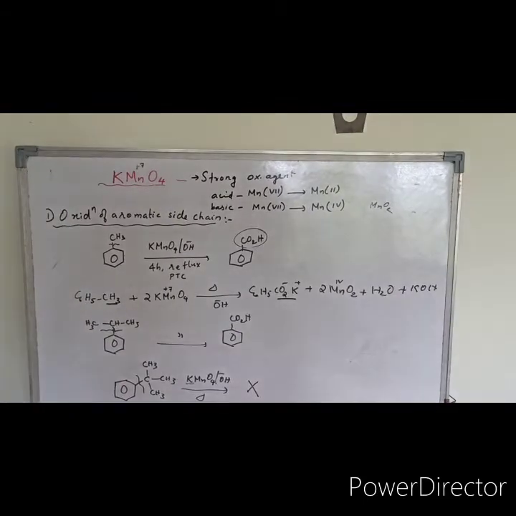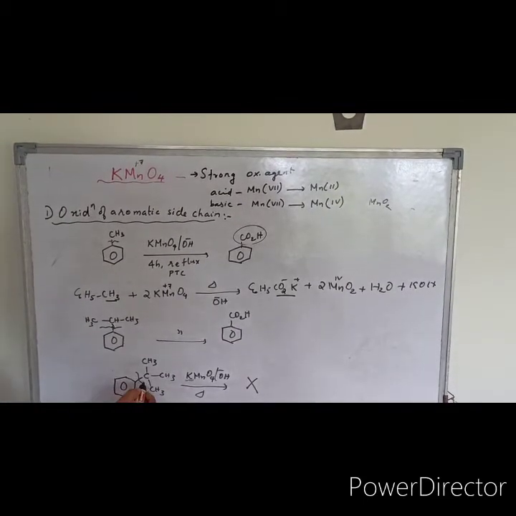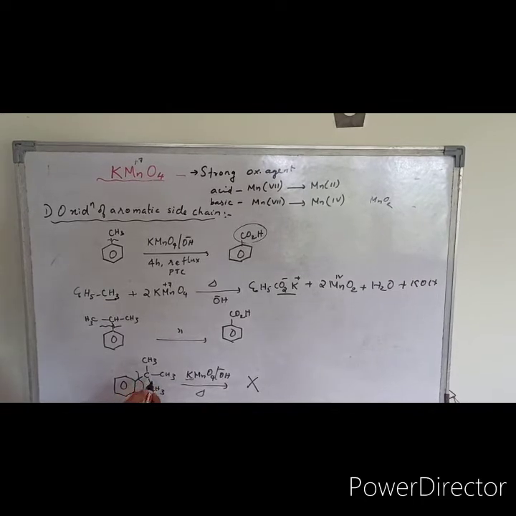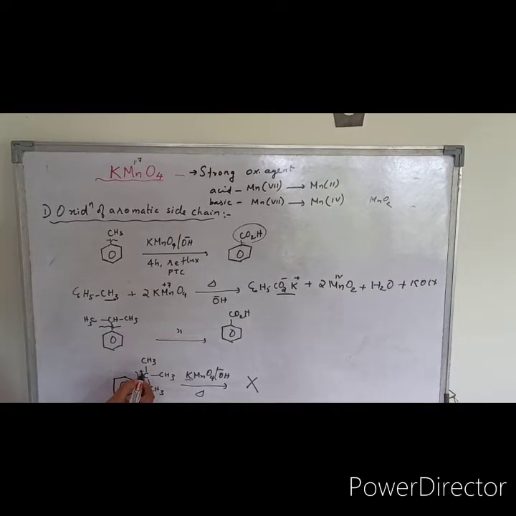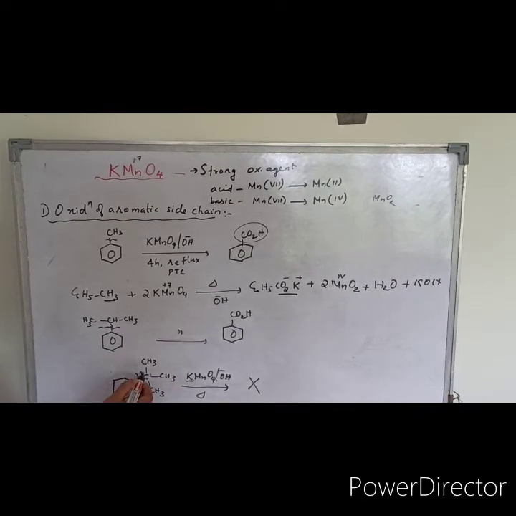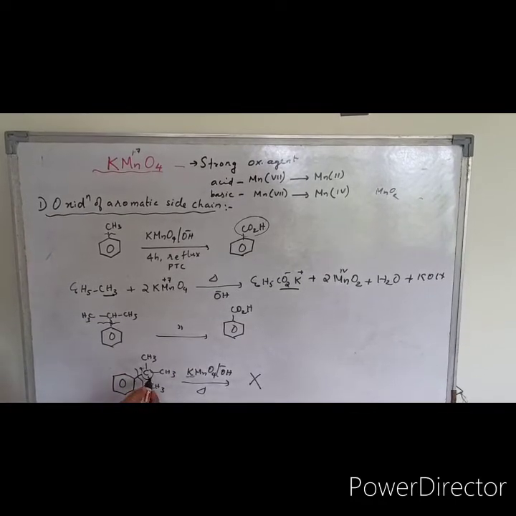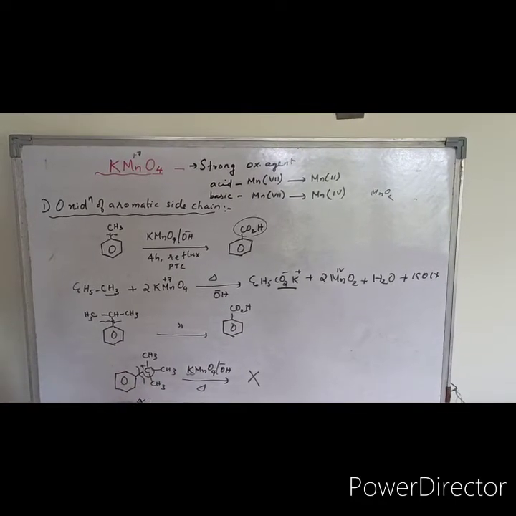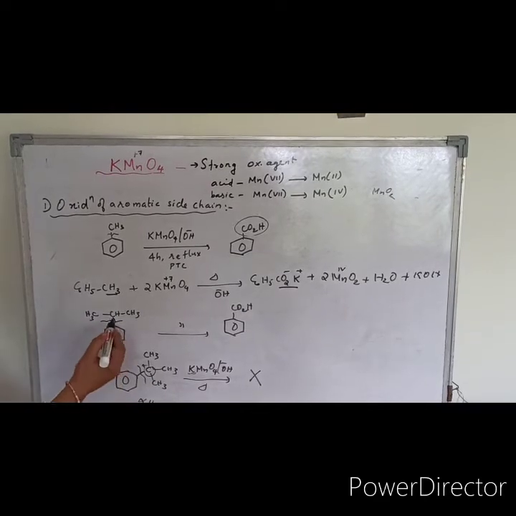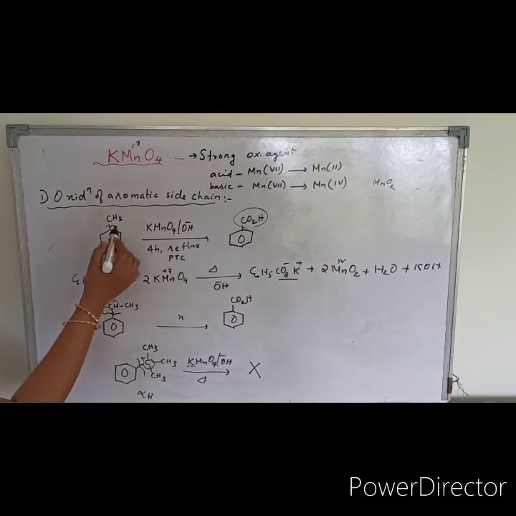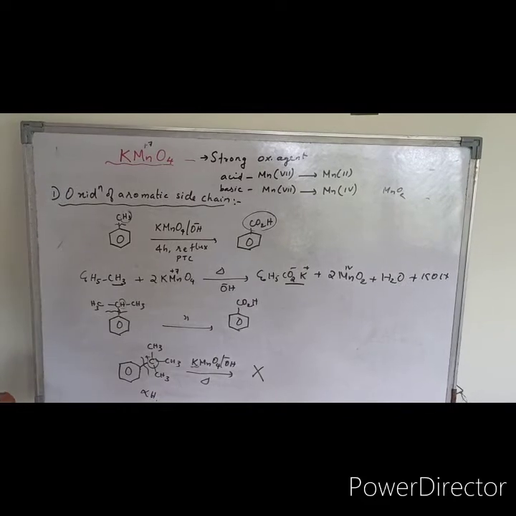The reason is that the carbon alpha to benzene is called the benzylic carbon, and here the benzylic carbon does not have any alpha hydrogen. In the other cases, you have alpha hydrogens, for example these 3 alpha hydrogens.